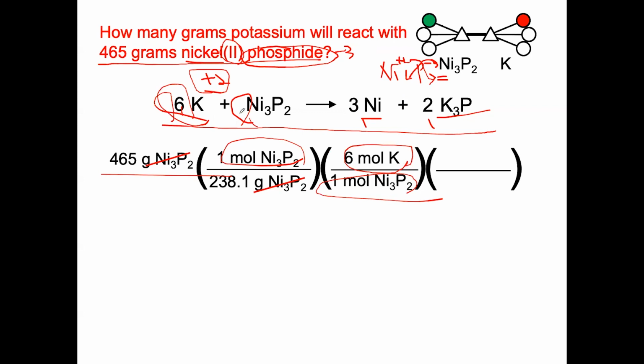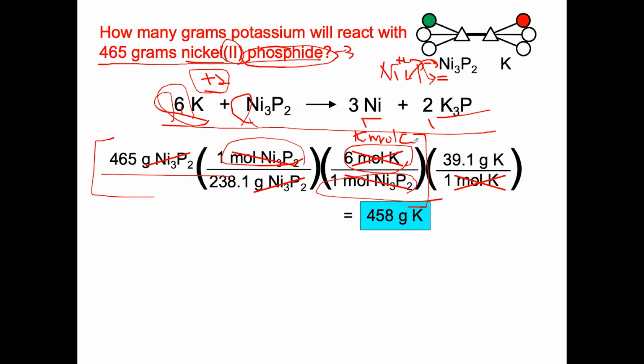Is that clear? So now that we converted, we just have potassium moles, correct? After that, what do you got to do? Just convert the potassium moles using molar mass. That'll give you the grams of potassium. Is that clear?